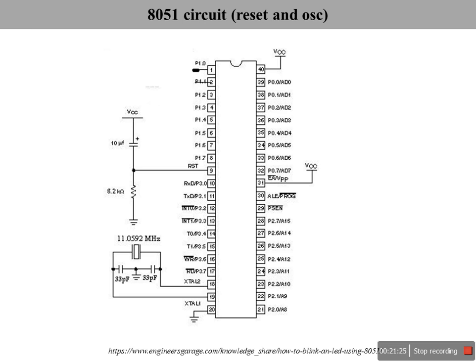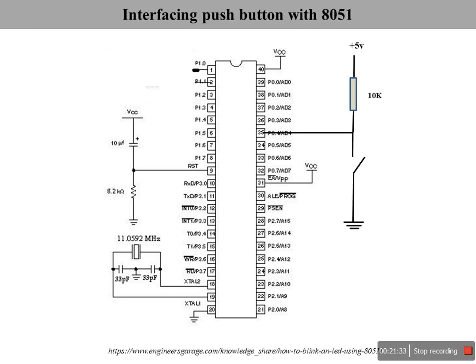Let's look at a practical circuit which has a reset and oscillator, which I already discussed with LED interfacing. Let us interface a switch through a 10K resistor here. Assume it is connected to the 35th pin of this IC, which is actually the 5th pin of port 0.